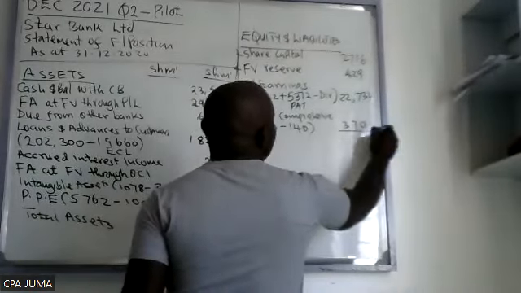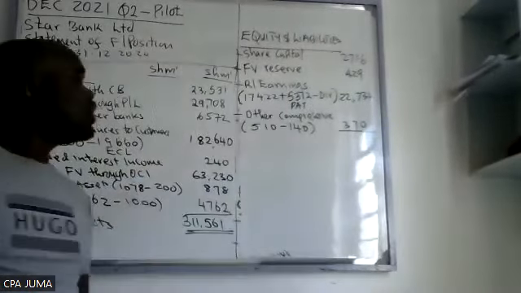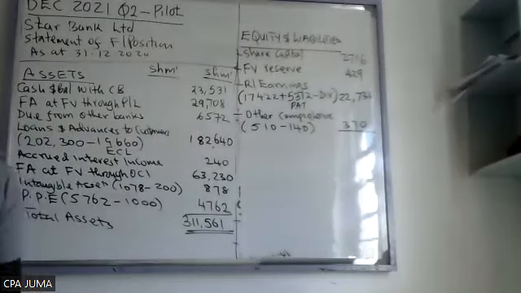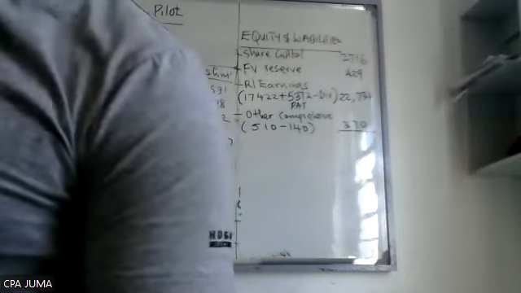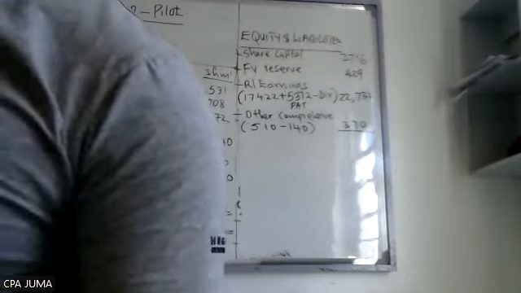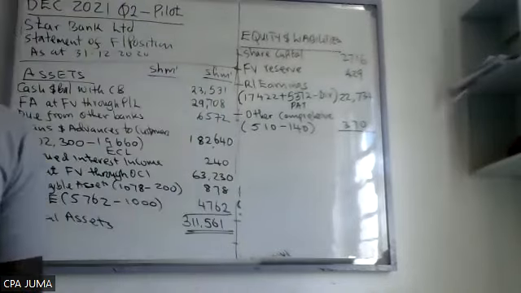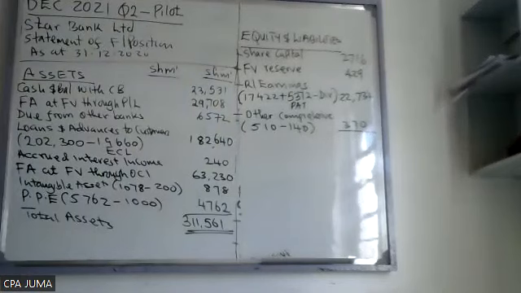I don't see anything else for equity. Can you add for me the total? Yeah, I don't see anything else, unless mtu anaona kitu. Total will be how much?